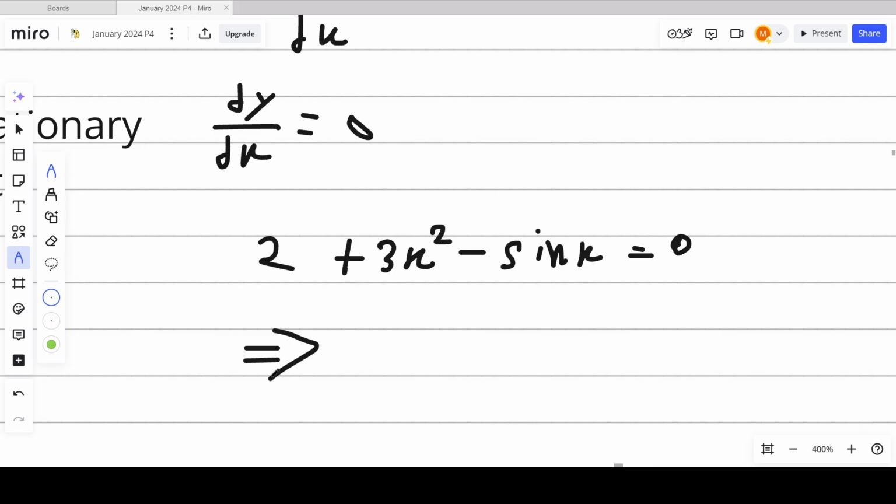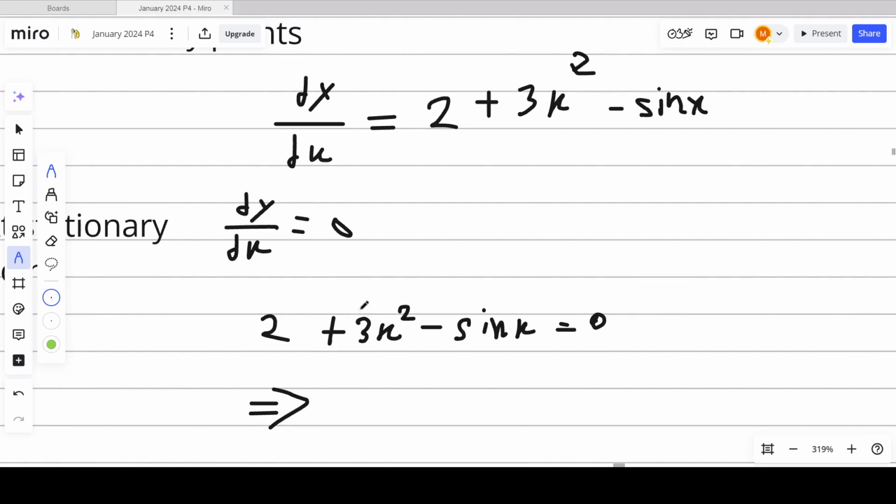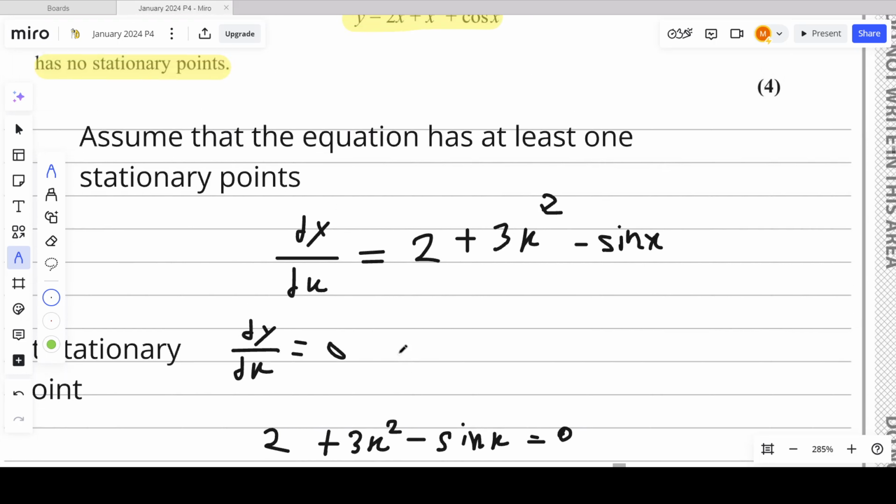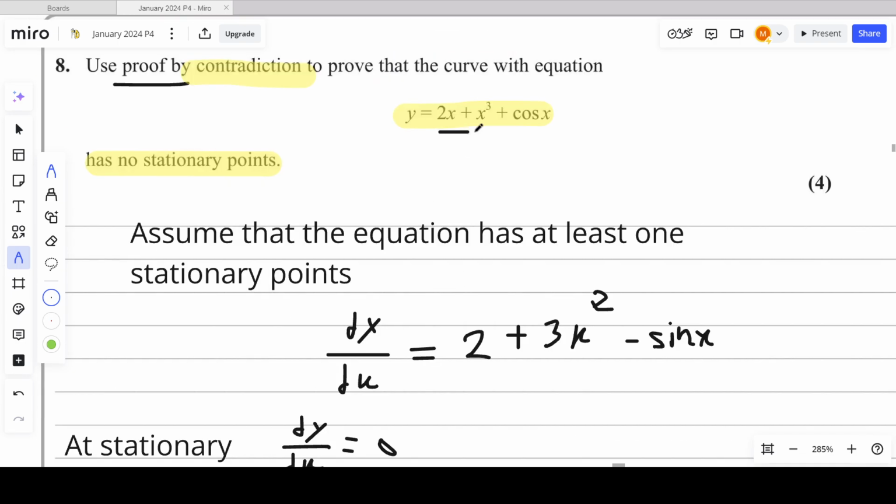Now let's rearrange. Before I rearrange, how should I rearrange this equation? My aim is that I need to show that the curve doesn't have any stationary point.